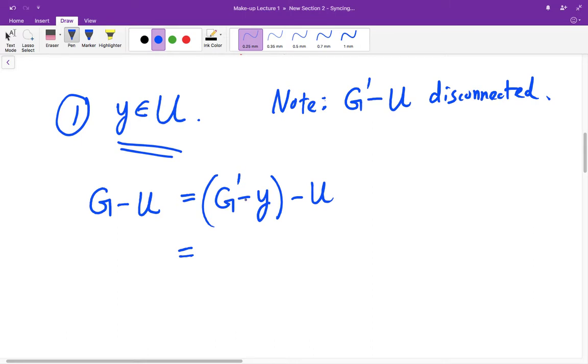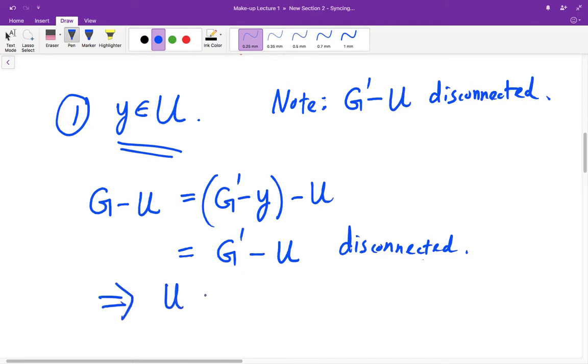So G prime deleted Y deleted U is just G prime deleted U, because Y is already inside U. So these two graphs must be the same. And so from here we conclude that G minus U is disconnected. Remember, G prime minus U is disconnected. So the conclusion is that U is a vertex cut of G.